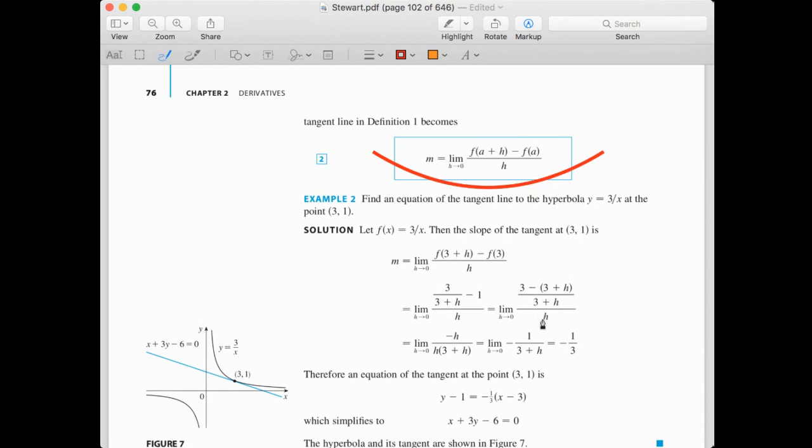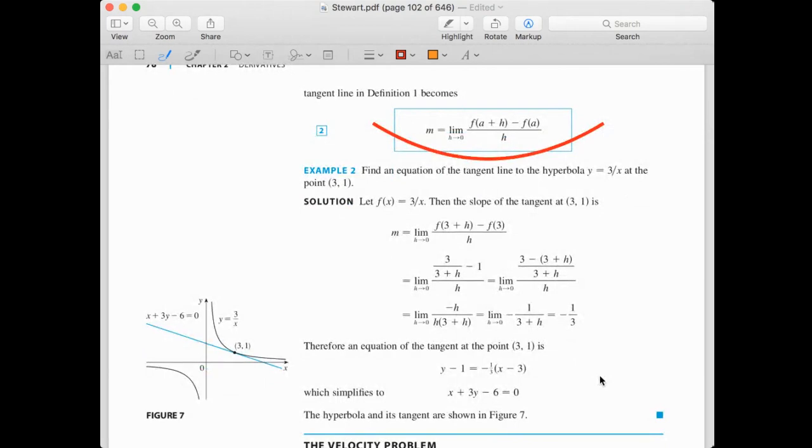If you have 3 layers of fraction, we can just multiply the 2 denominators together. So this becomes h times 3 plus h. Simplify h with h, get negative 1 over 3 plus h. Now we can plug in h approaches 0. So we get negative 1 over 3. So we get a slope.